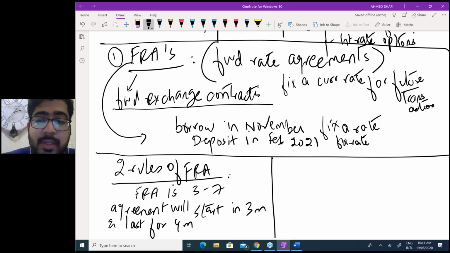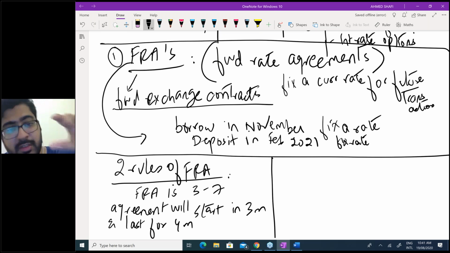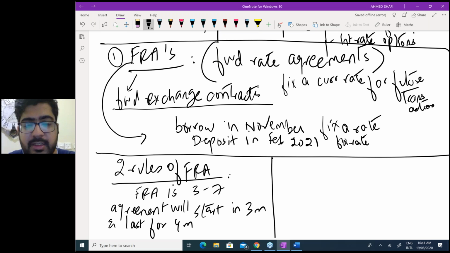Okay. Many people interpret it like that, that if FRA is 3-7, the agreement will start in 3 months and last for 7 months. No, that's not the rule. FRA 3-7 means the agreement will start in 3 months. The first digit is for the start, and it will last for the gap, 4 months. Okay, repeat. Let's suppose someone says FRA is 5-8.